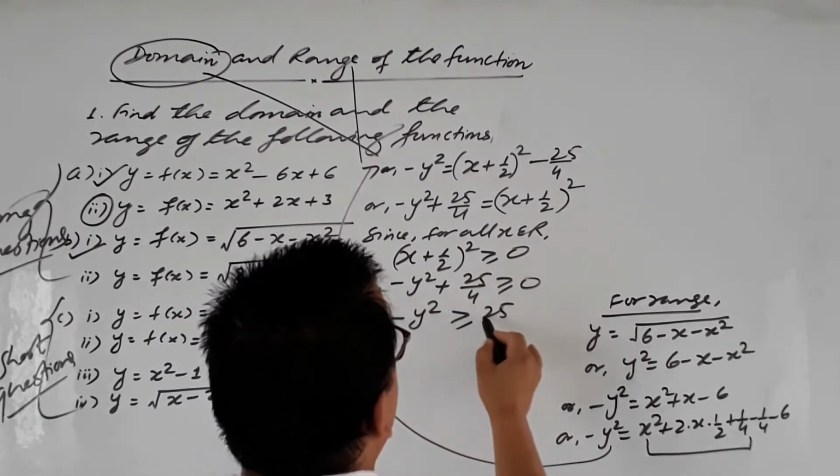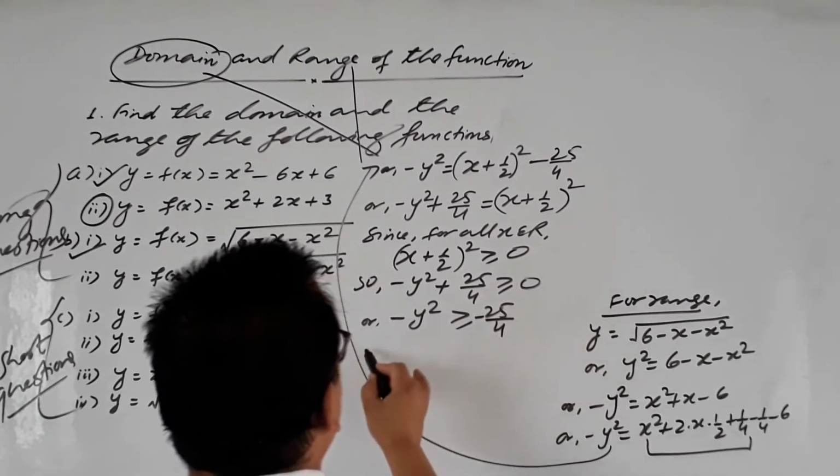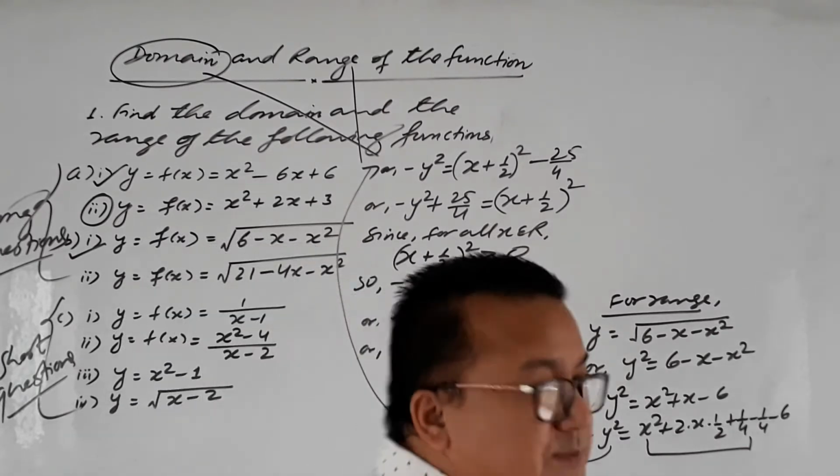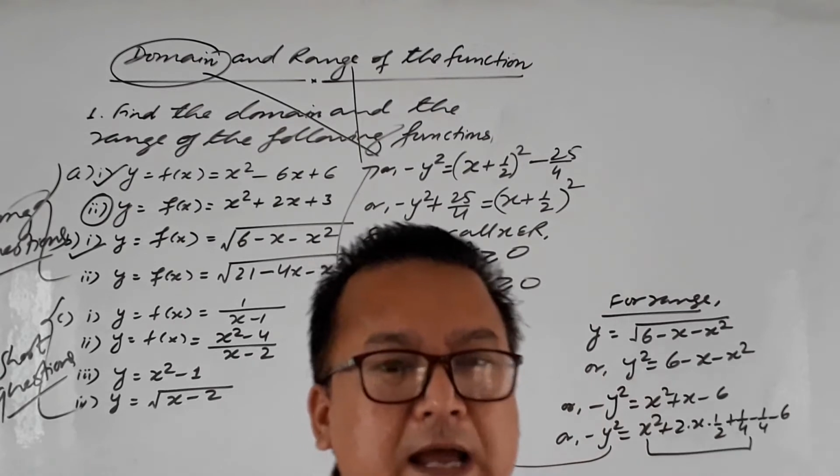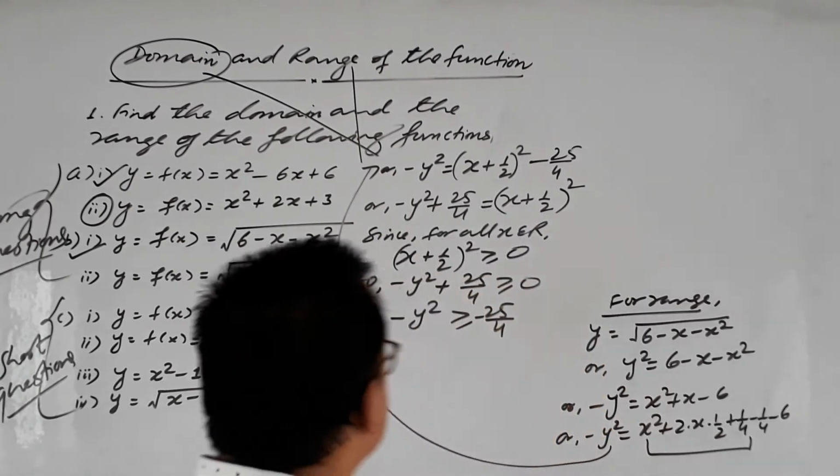or minus y square greater than equal to negative 25 by 4. If you multiply both sides by negative sign, your sign of inequality will be reversed, as I told you.